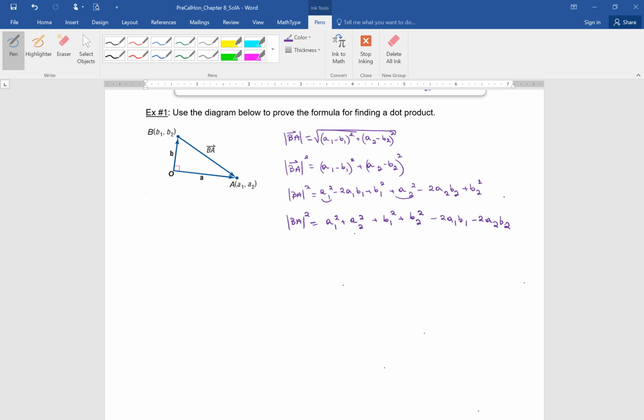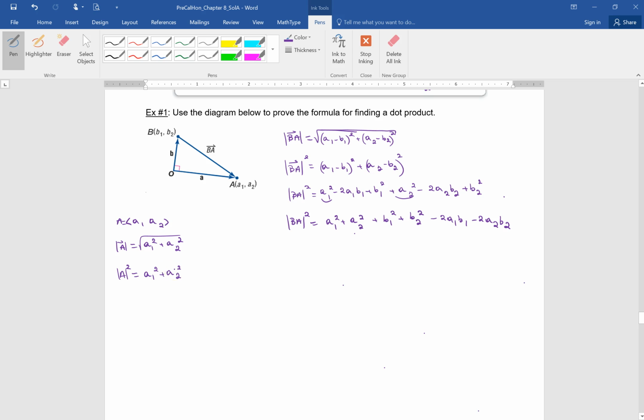Now look, if A is a vector and its components are A1 and A2, what's the magnitude of A? It's A1 squared plus A2 squared, right? So if you square that, what do you get? A1 squared plus A2 squared.